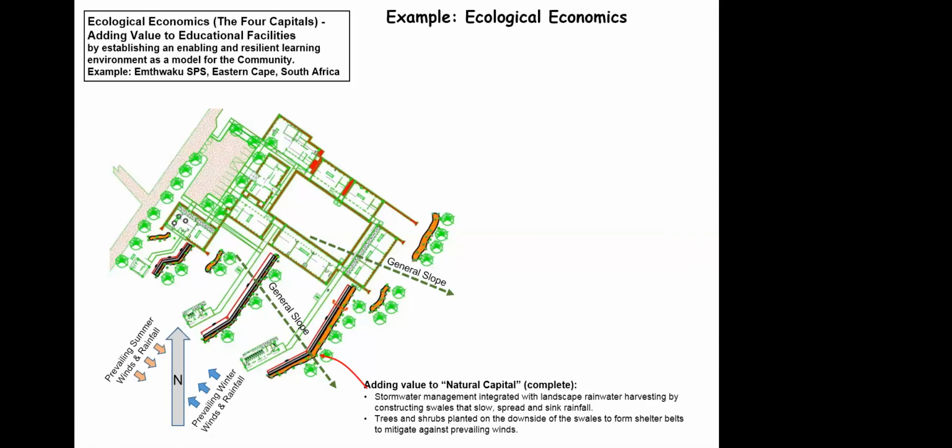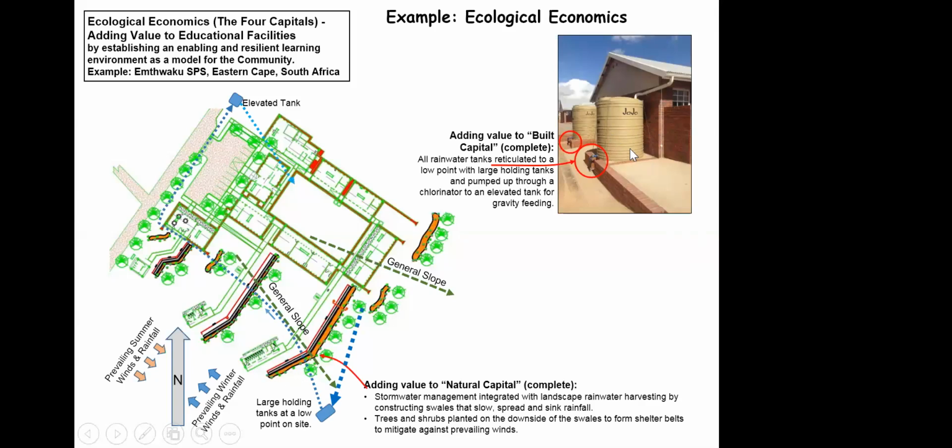Then the next thing we did, we had all these independent rainwater tanks. And I instructed them to throw away the taps here and reconnect them, or reticulate them. So all the tanks were joined up and they fed to this local low area where we had a couple of rainwater holding tanks.